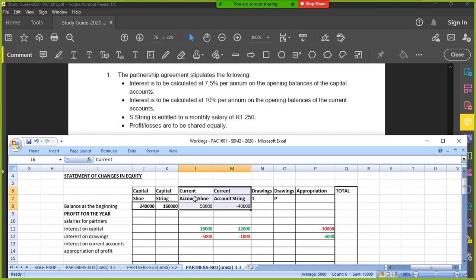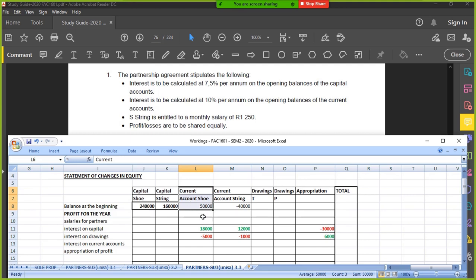Right, so shoe and string are saying if there are balances on their current account, which is their short-term entitlement, shoe has a benefit that they have to derive from the partnership and string hasn't. String has been an irresponsible partner because they've taken more from the partnership. Right, so if they've taken more from the partnership, they must pay the partnership back more. If they have more invested in the partnership, they should be entitled to more benefits.